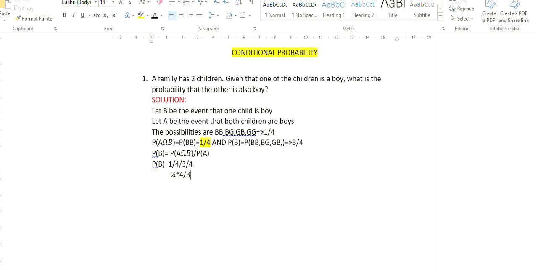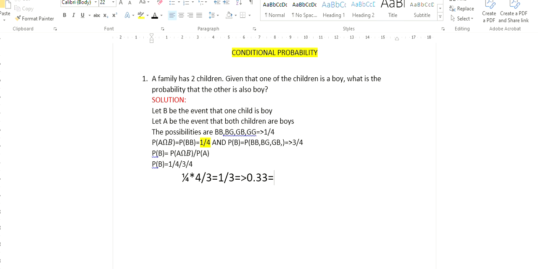The 4 gets cancelled, equal to 1 by 3. When you divide 1 by 3, you will get 0.333.